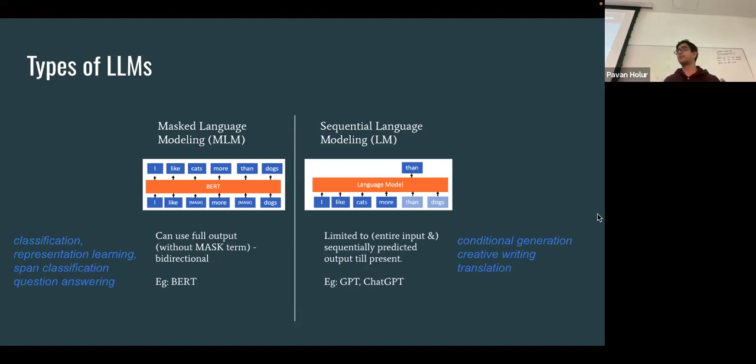Sequential language models work in the same way, where we are still modifying the embeddings, but the key purpose is not just to learn representations of tokens in the input text, but rather to generate text going forward. So it's more generative: you have a set of tokens now, and you're trying to generate tokens going forward.